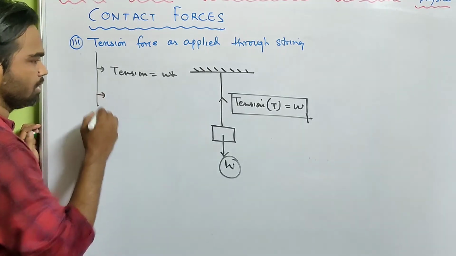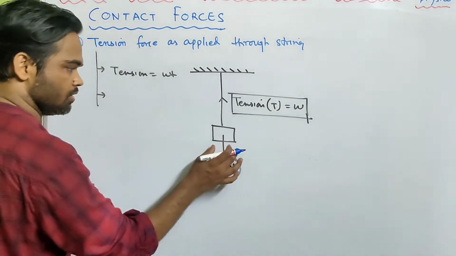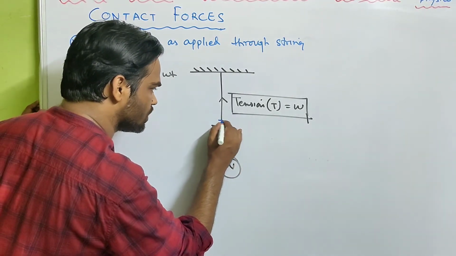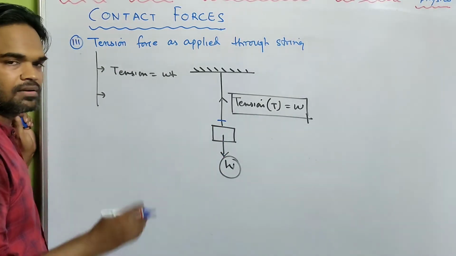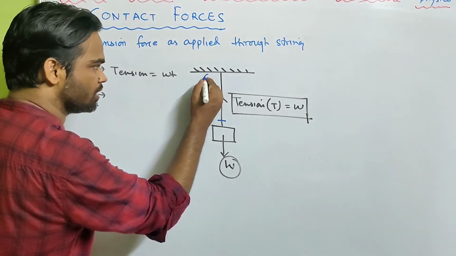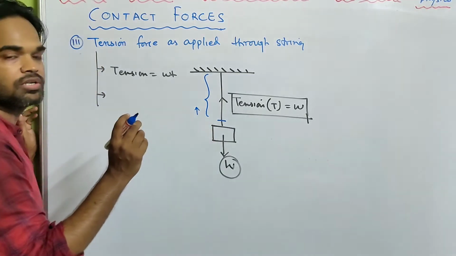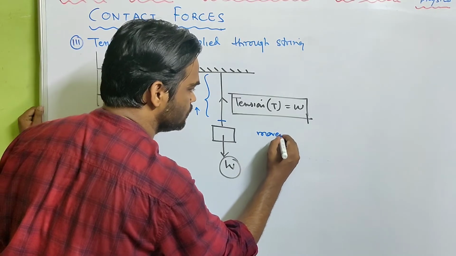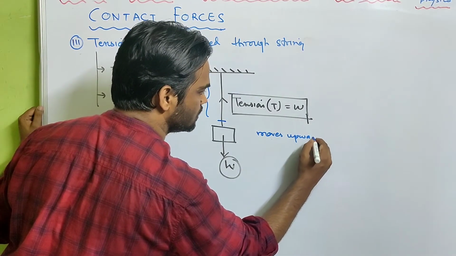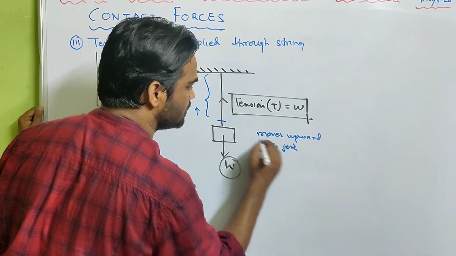Okay. Now look carefully. Suppose the object is over here. You cut the string from here, just above the point of contact. Then you see this string moves upward with a jerk. Why?